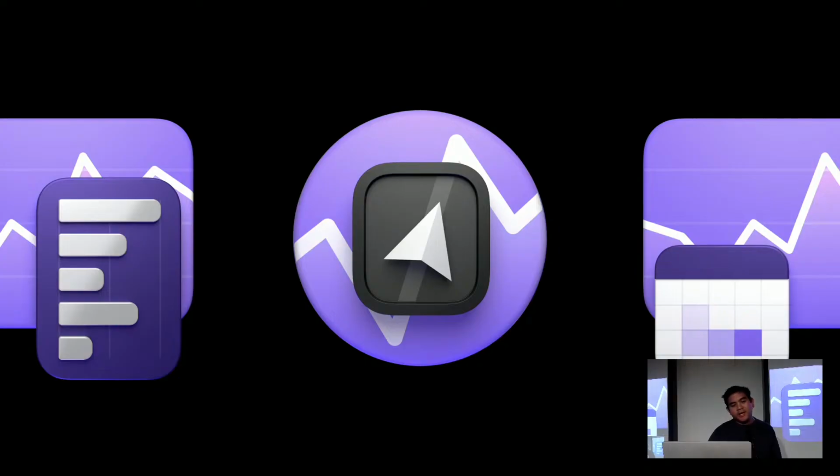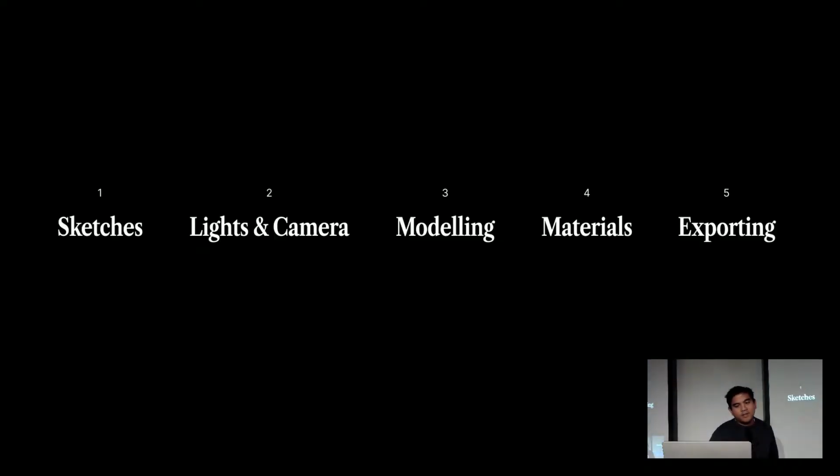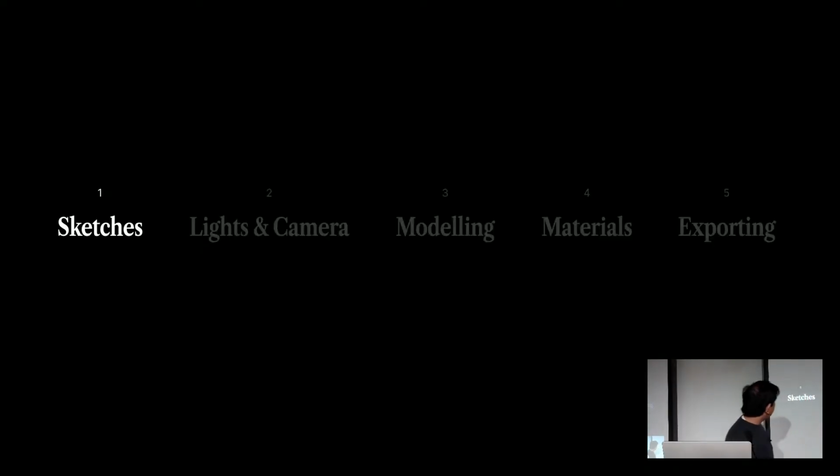So how do you design a 3D icon? There are 5 steps. I'll walk you through how I went from start to finish for that watchOS app icon. First one, I start with sketches. I don't go straight to the screen. What I do is a bit of back and forth with the client about what the icon should look like.